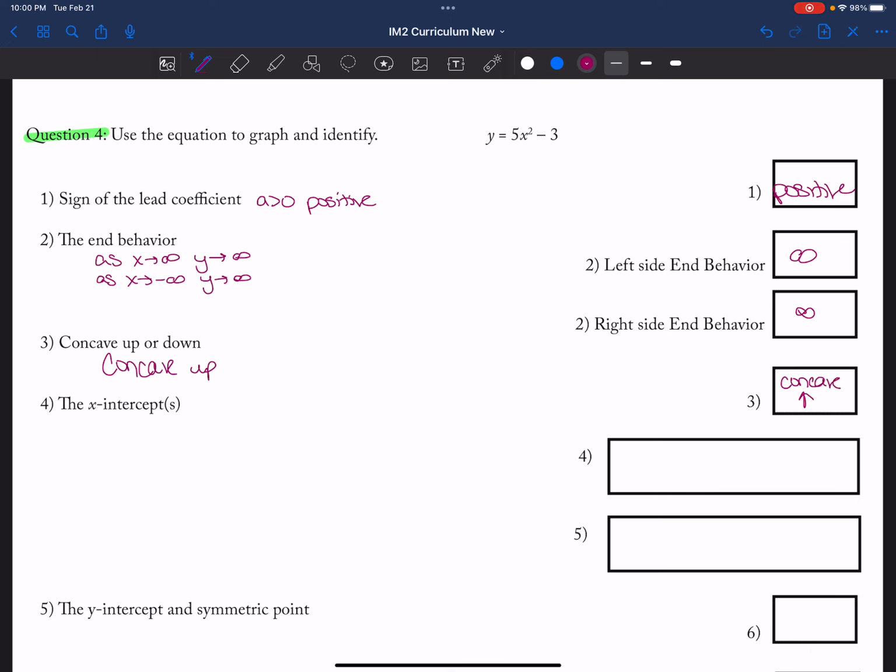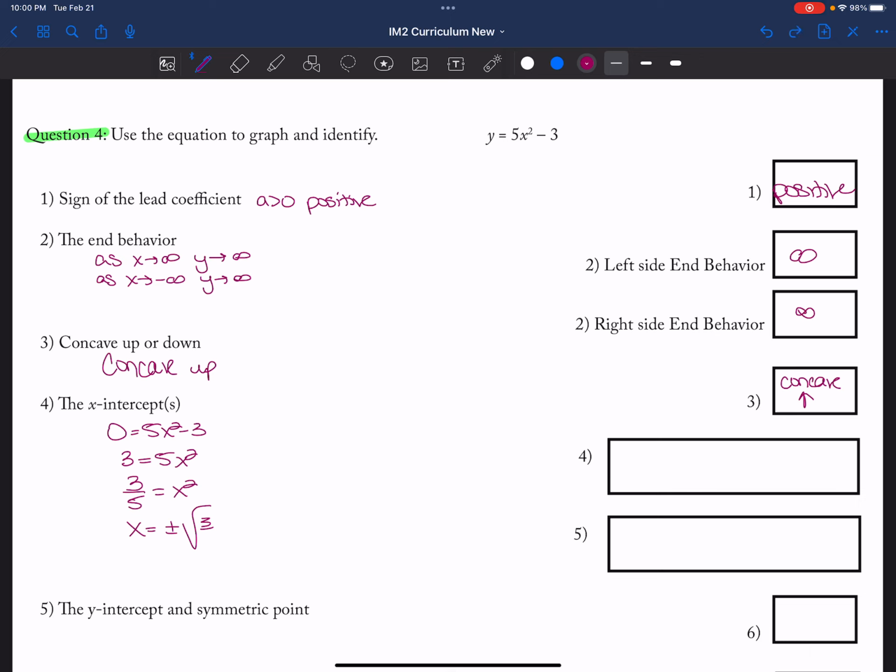Okay, so my x-intercepts, oh, just kidding, yeah, 0 is equal to 5x squared minus 3. Add 3 to both sides. Divide both sides by 5. So x is equal to plus or minus the square root of 3/5.